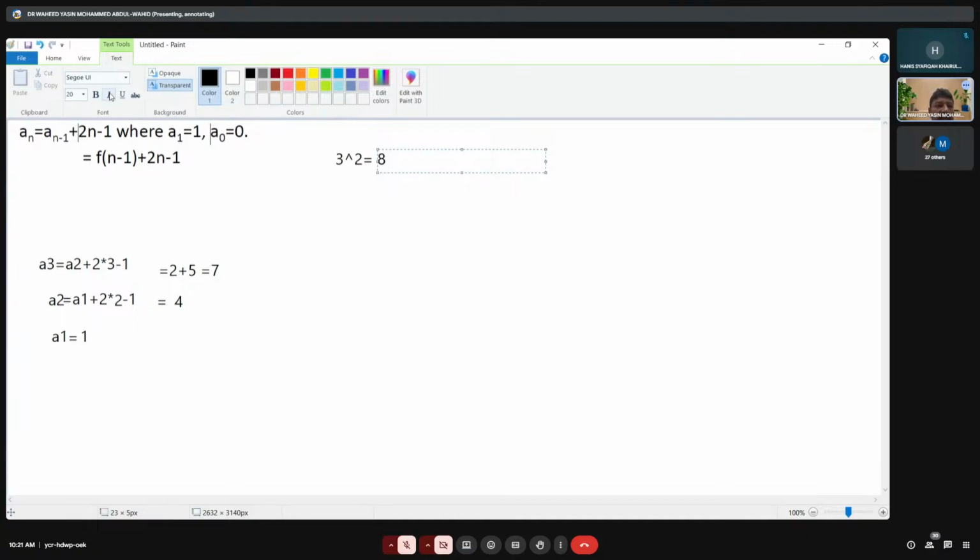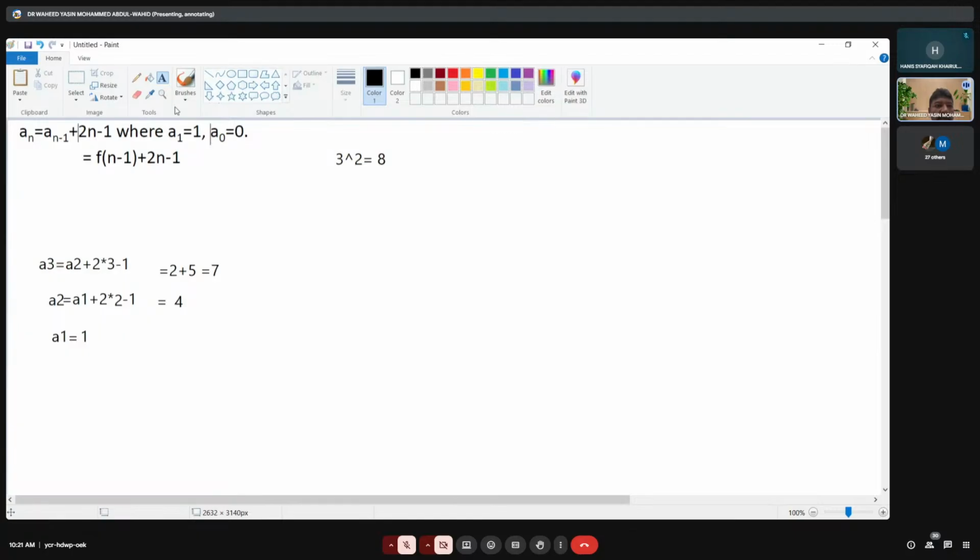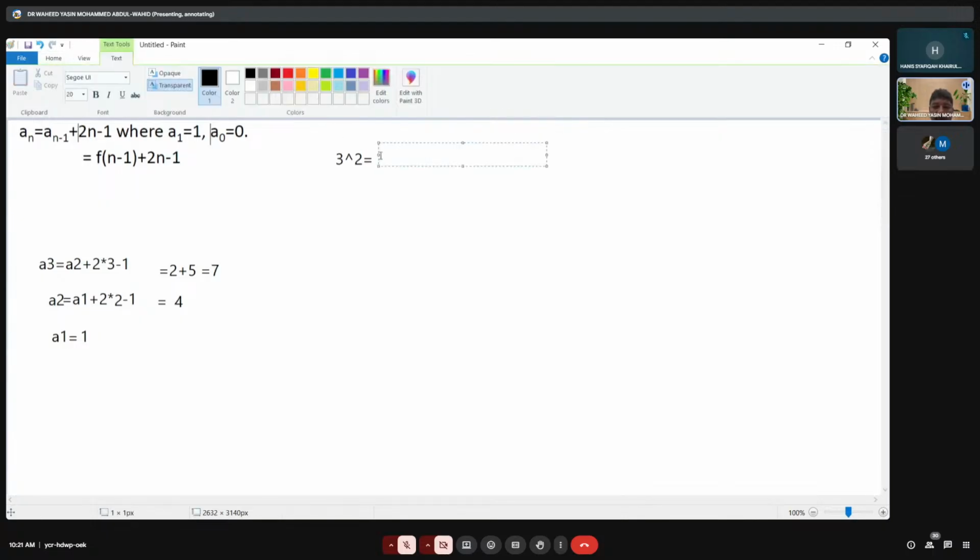Sorry, I made an error here. 3 power 2 means 3 multiply 3. So 3 power 2 is 9. Sorry for this mistake. So here we have 4.